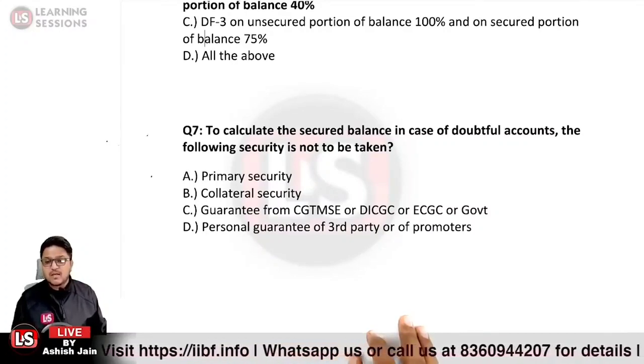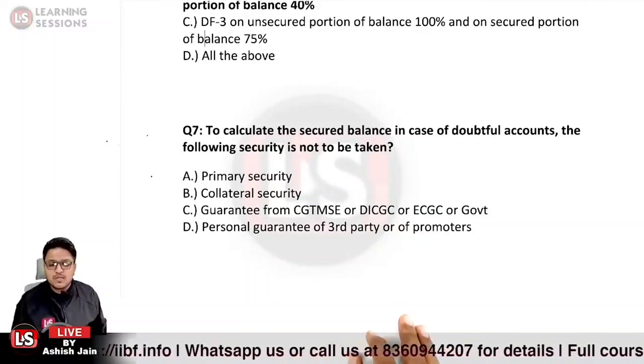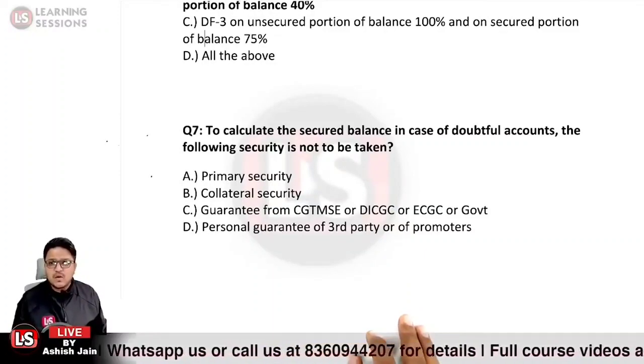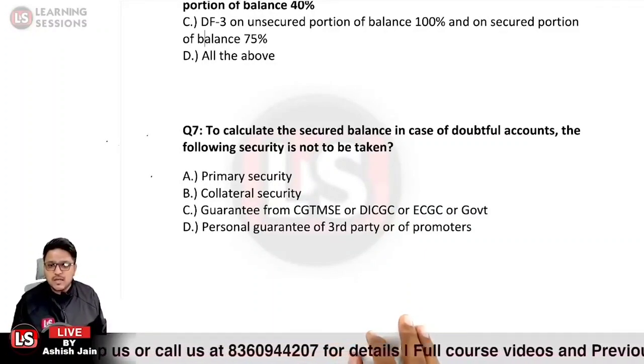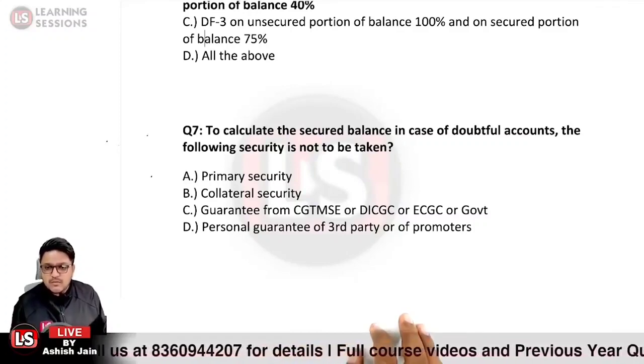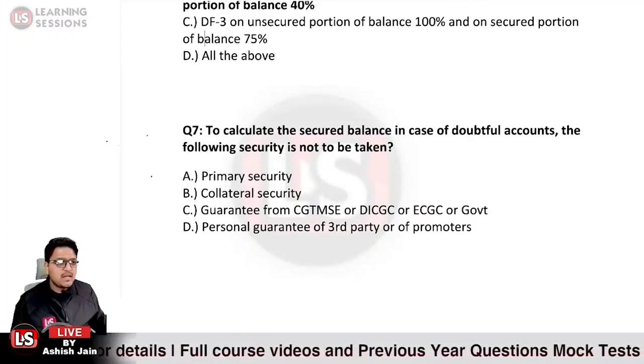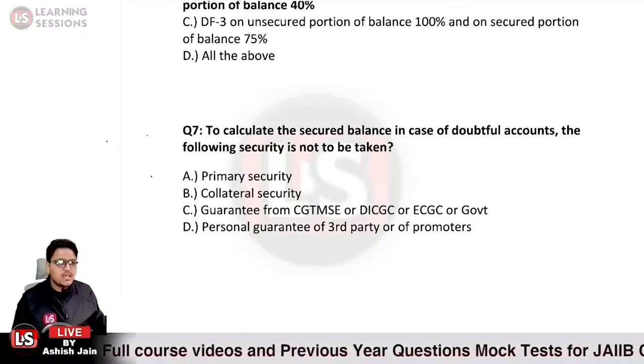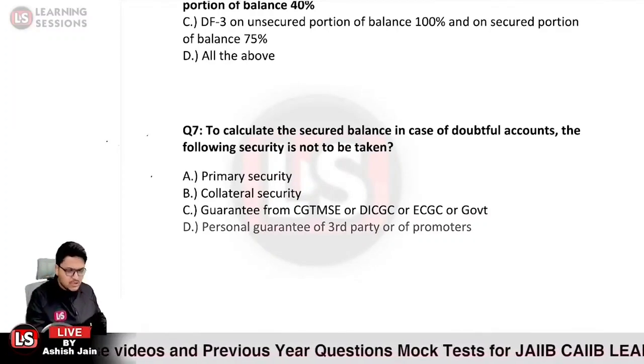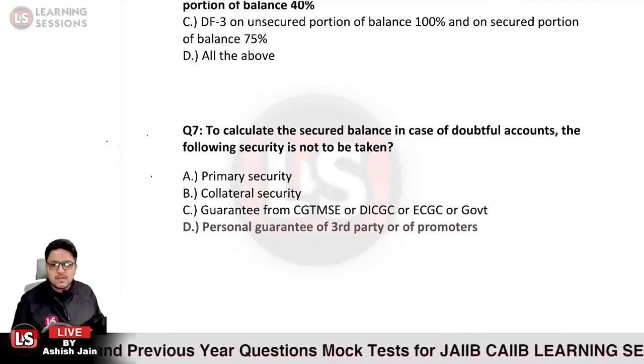If the personal guarantee is by a third party or by the promoters, it is not accountable. So option D is the right answer, and Bharani Vasuki has given the right answer here.